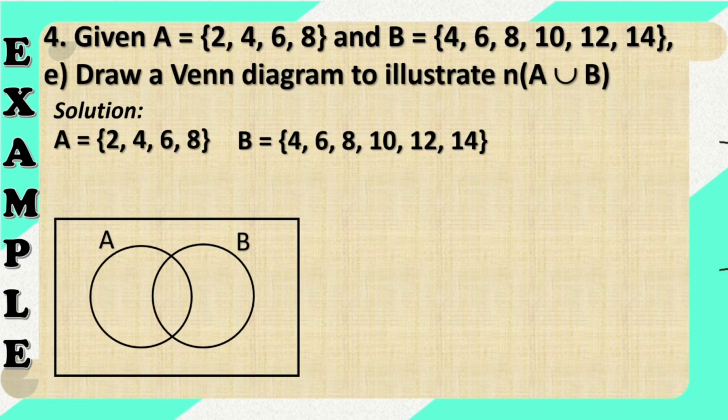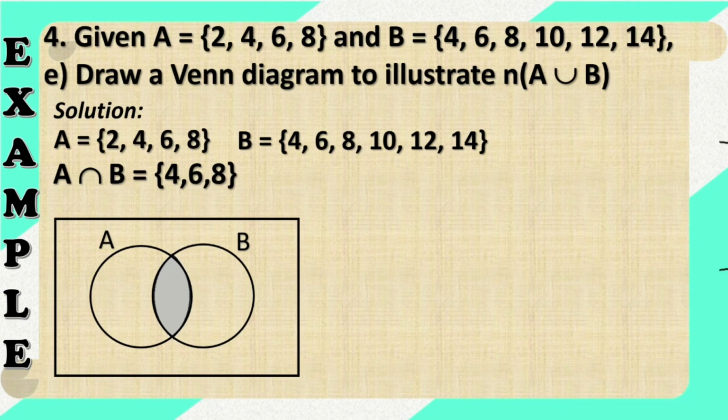Dahil may common elements ang set A at saka ng set B. So, ang common elements nila ay 4, 6, and 8. So, this is the intersection of A and B. So, the shaded portion here indicates the intersection of two sets.